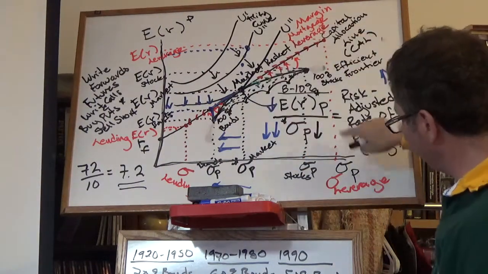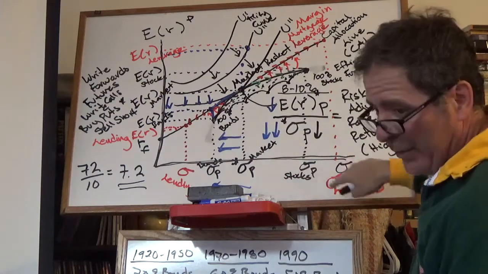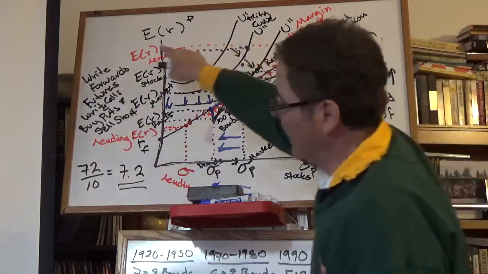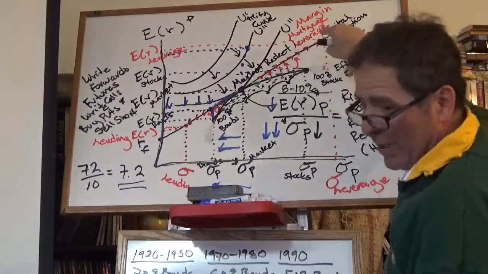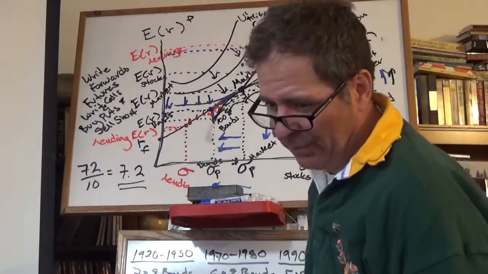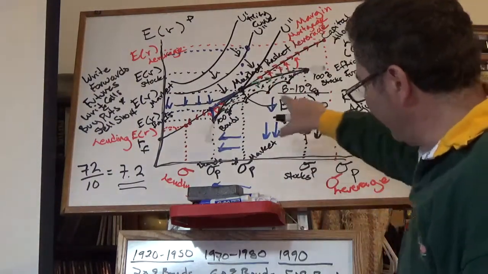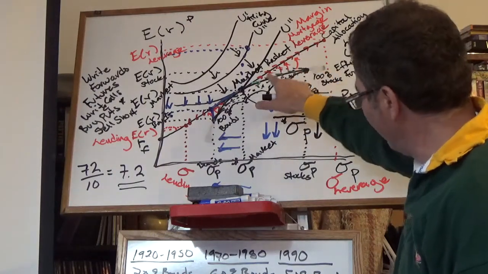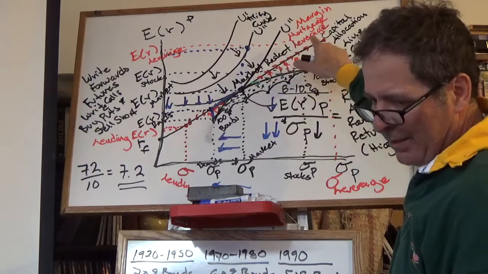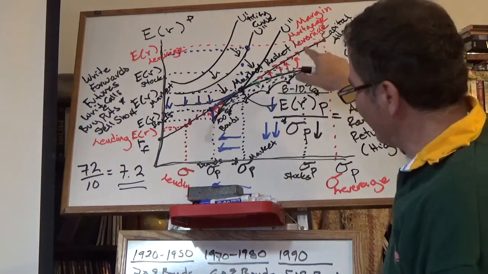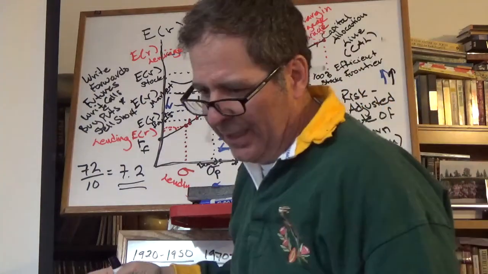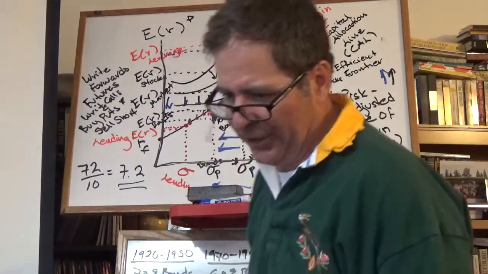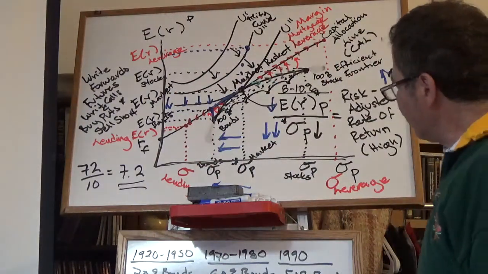Yes, I'm willing to take on significantly higher risk to get the return, but I want higher return. And the way that investors jump off the efficient frontier and move up the capital allocation line is through the use of leverage.